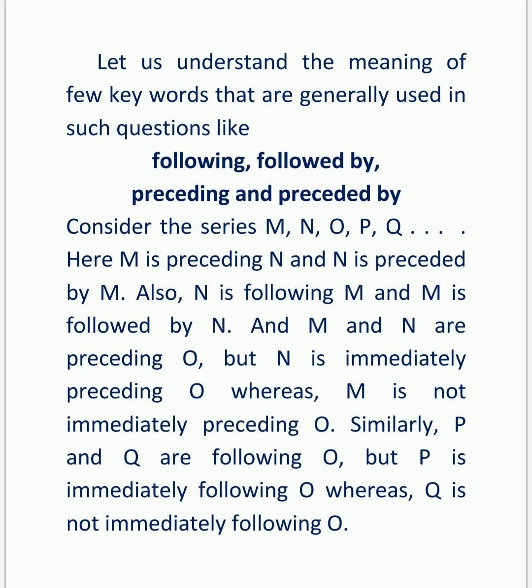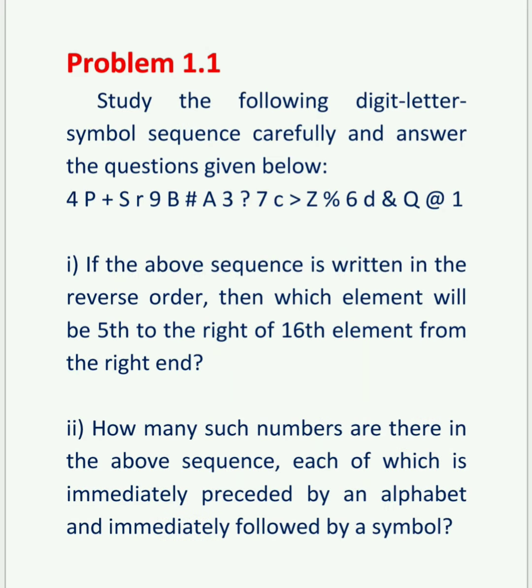Here, M is preceding N and N is preceded by M. Also, N is following M and M is followed by N. And M and N are preceding O, but N is immediately preceding O, whereas M is not immediately preceding O. Similarly, P and Q are following O, but P is immediately following O, whereas Q is not immediately following O.